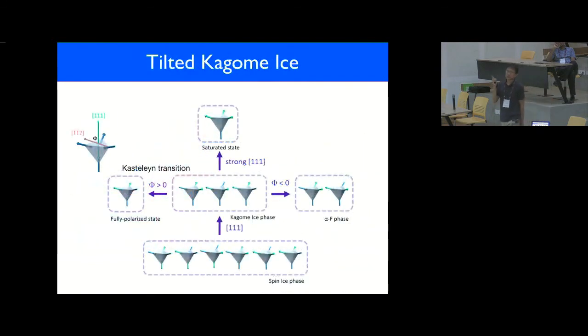The interesting thing is that one can tilt this field away from the 1-1-1 direction. Depending on how you tilt, you can get different states. For example, if you do this positive tilt, where the way we define the angle is this way, then energetically the system wants to flip the spins on the Kagome ice phase to enter this fully polarized state, so that the spins will be pointing along the field direction.